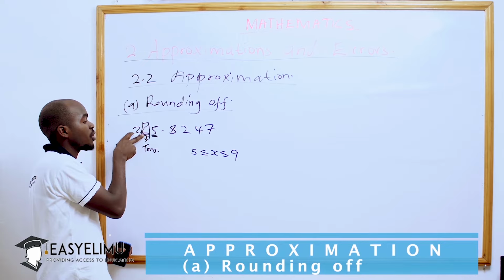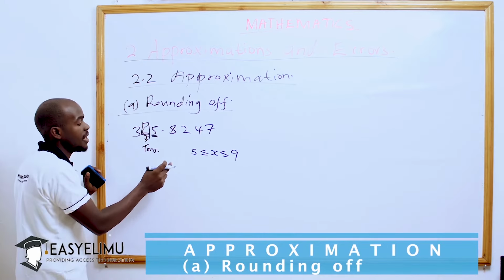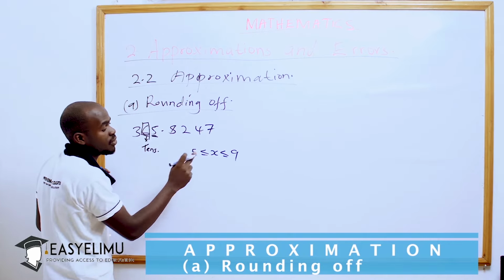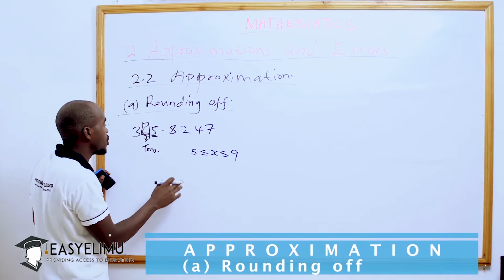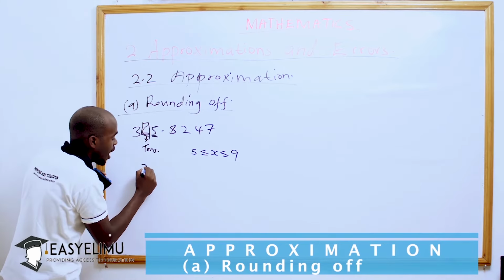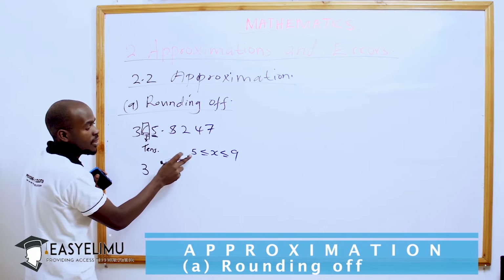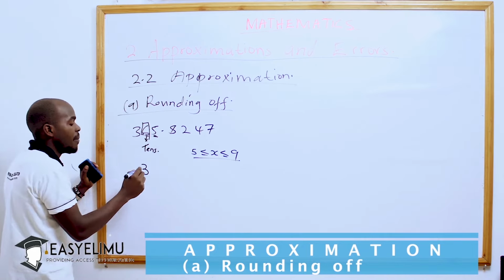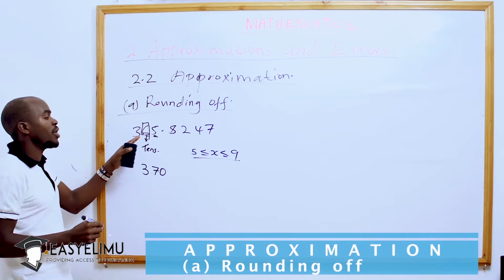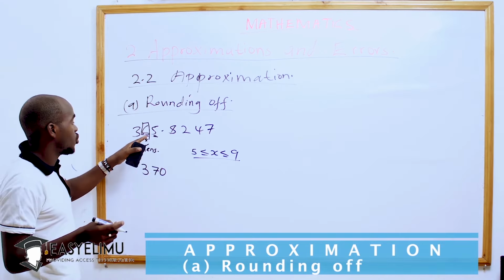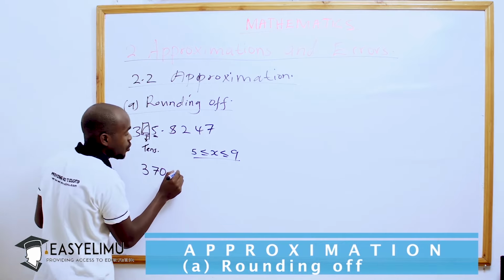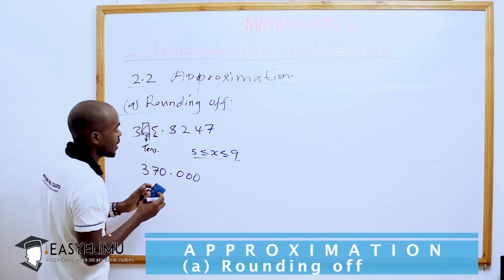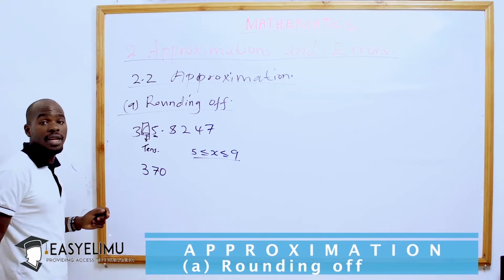For example, the number 5 is equal to the range which we need. So 5 is inclusive. So we shall have 3, but this is 6. So this one is 5, and it is within the range. So this number 6 will add 1 to become 7, and the others will remain 0 because we cut them off. So we shall just have our number 370.